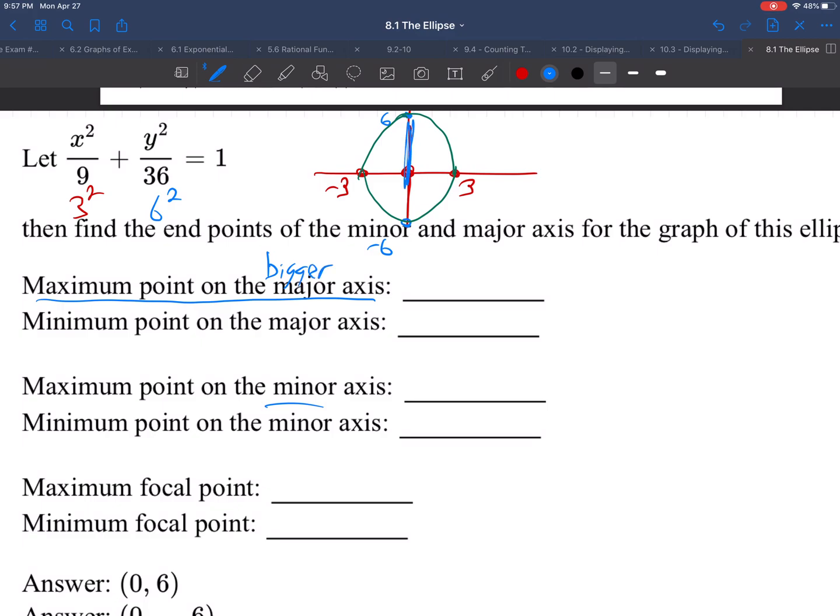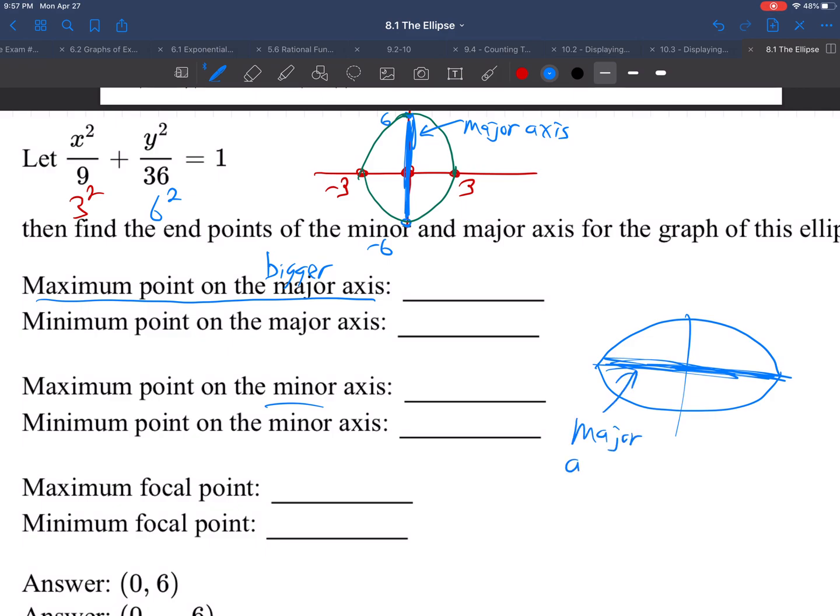So this is the major axis, because this ellipse is taller than it is wide. Now, if you had an ellipse that was wider than it is tall, then the sideways, the x-axis would be your major axis. So it's just whichever one's bigger.